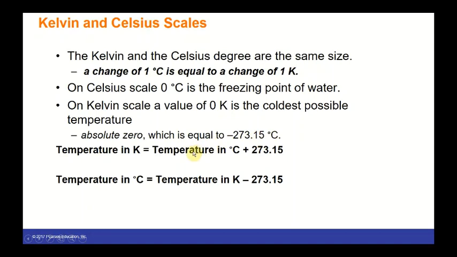So to convert between Celsius and Kelvins, you simply add 273.15 to your Celsius temperature. In order to convert from kelvins to Celsius, you simply subtract 273.15 from your kelvins temperature.